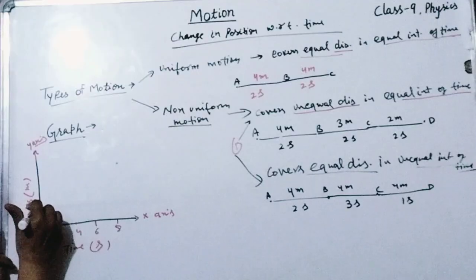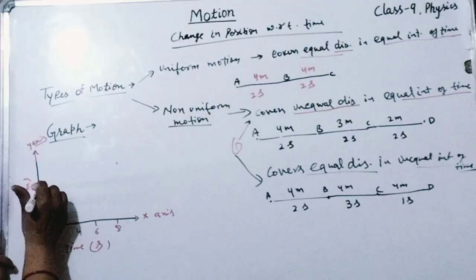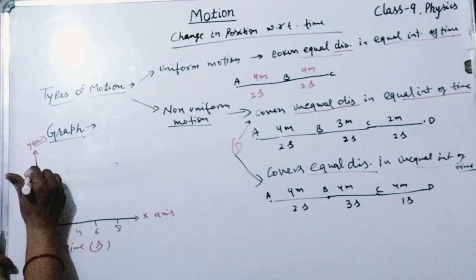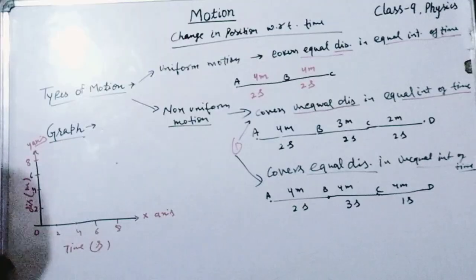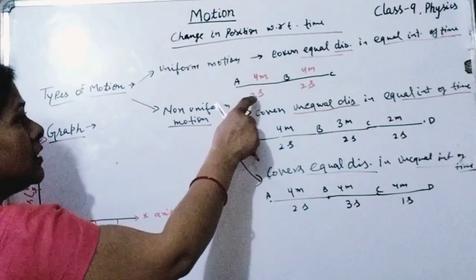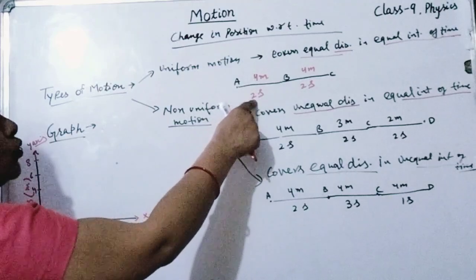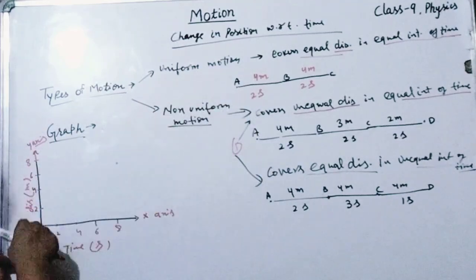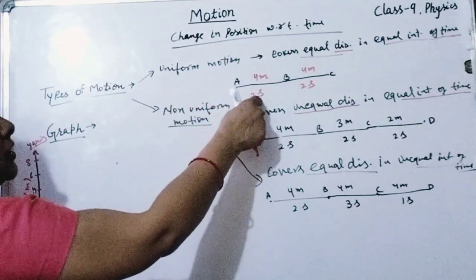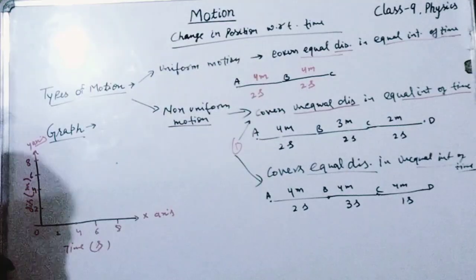Let's start pointing 2, 4, 6 and 8. So just plot the graph. Time is on the x-axis, so 2 seconds, and distance is on the y-axis. In 2 seconds the object covers 4 meter.